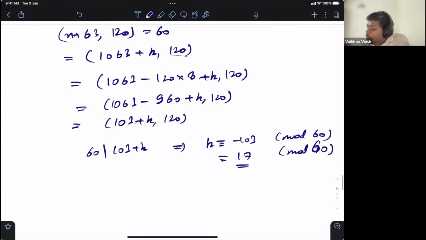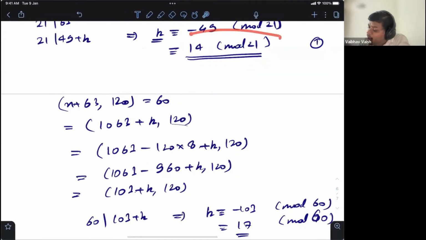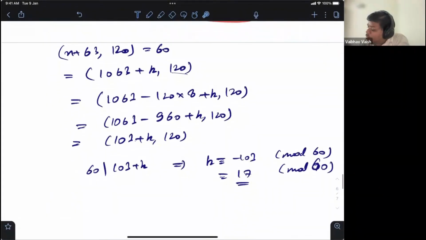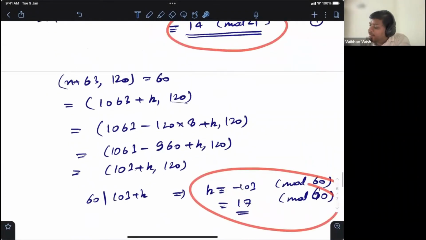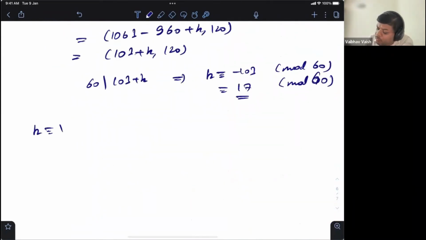If I break it down into primes, so there are two pieces of information, right? This is 1 and this is 2. This I can simultaneously try to solve. So k congruent to 14 mod 21 and k congruent to 17 mod 60.